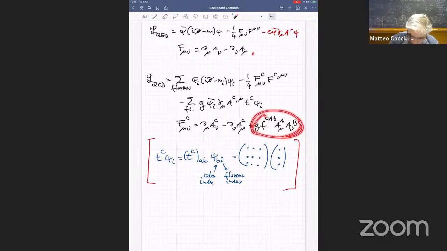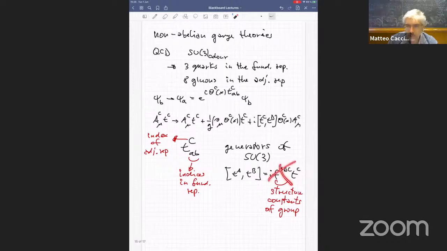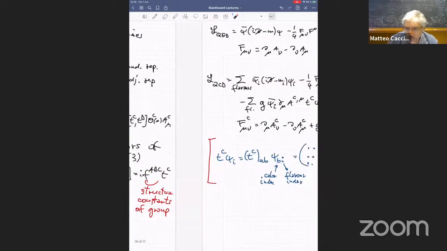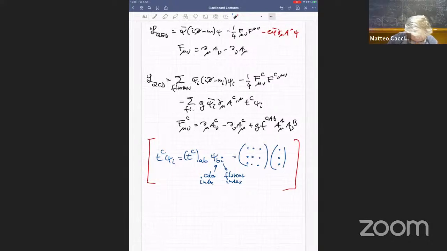And again, this term, as you can see, was not existing in QED. And this term is only there because the commutator between the generators is not 0, and therefore the f^{cab} are not 0. If you set the f^{cab} to 0, this term goes away, and the generators commute, so that the theory becomes an abelian theory and nothing happens anymore.